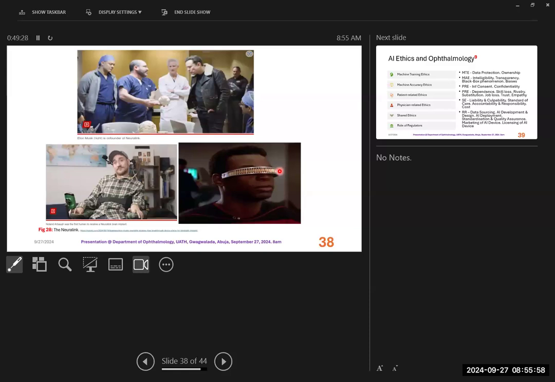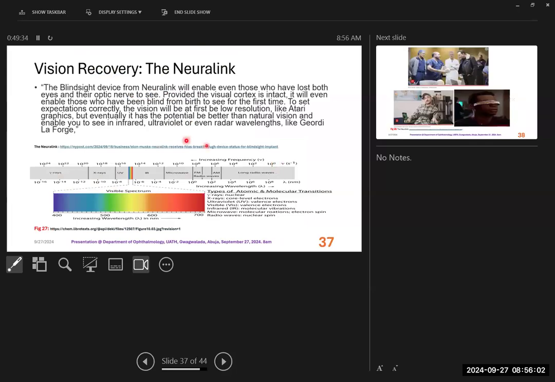The added advantage of the one being unveiled by Elon Musk and associates is that you know what we call the visible spectrum.